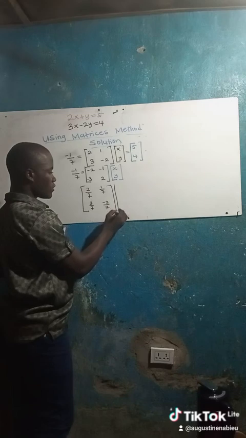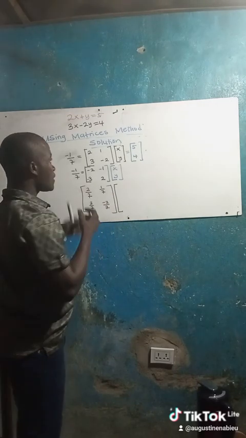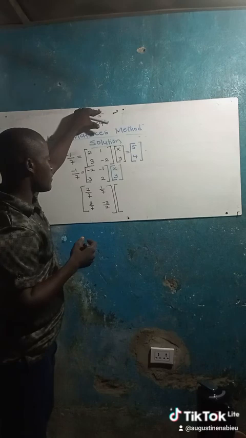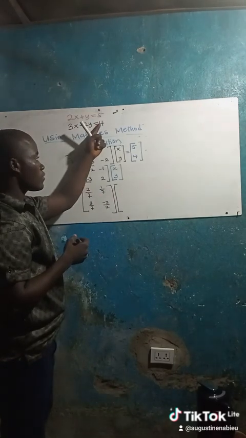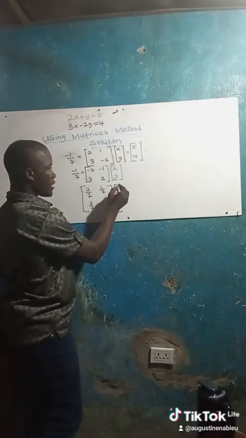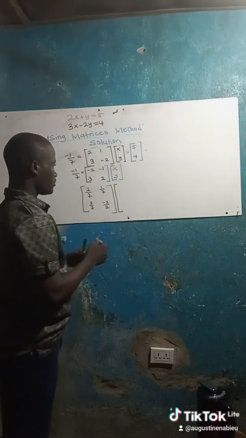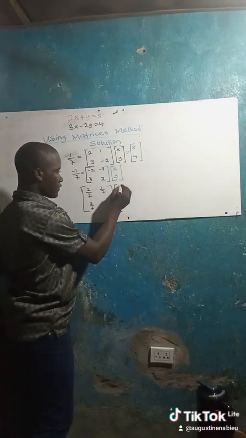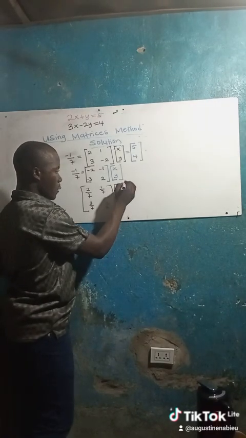Next, we take the two constants here, the 5 and the 4, and write them as 5 and 4.